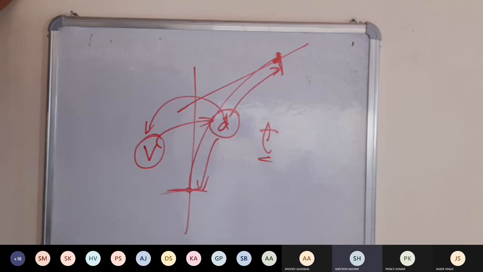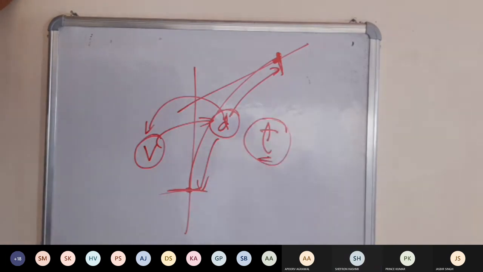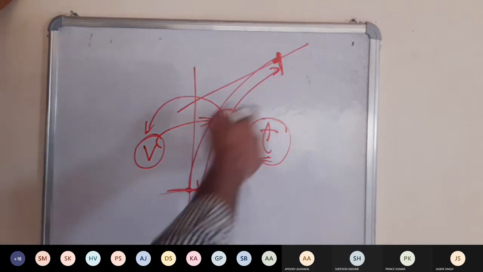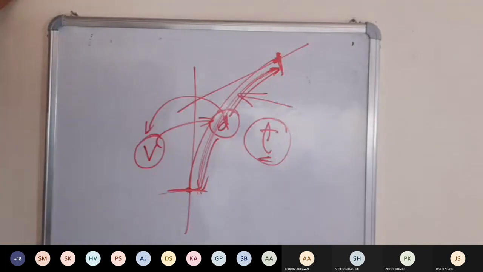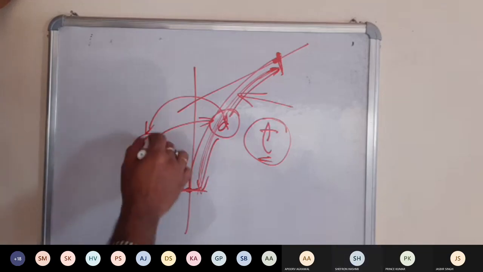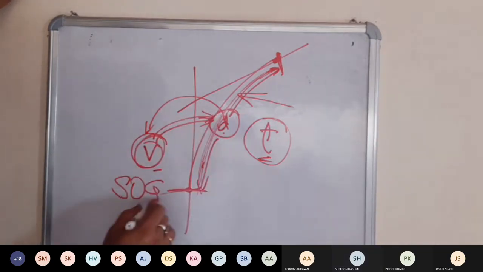Yes, sir. The derivation that we did, we took out the time. For what did we take out the time? The time it takes to cover the distance, it is a physical distance. Is that correct or not? Yes, sir. That means the v to cover this distance will be SOG or not?